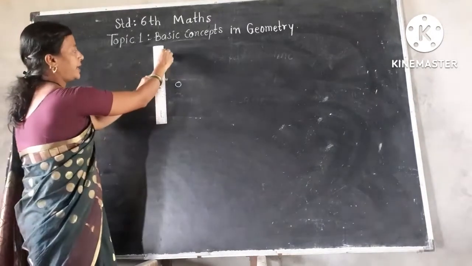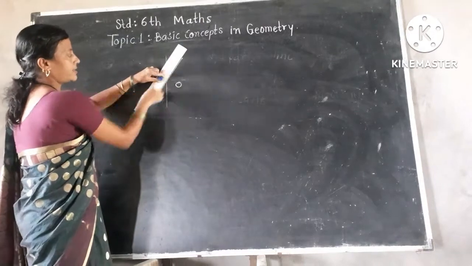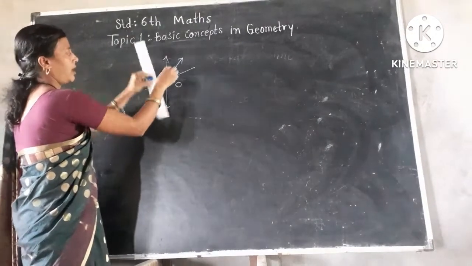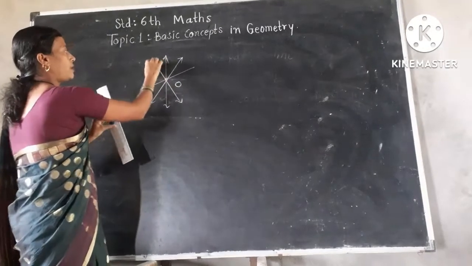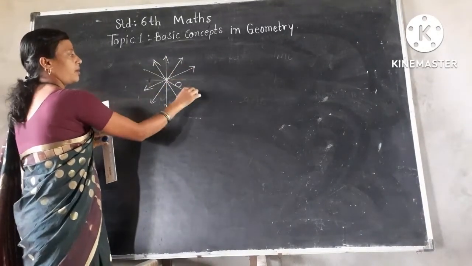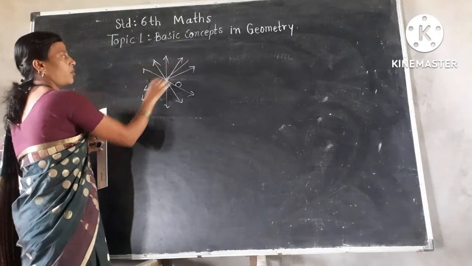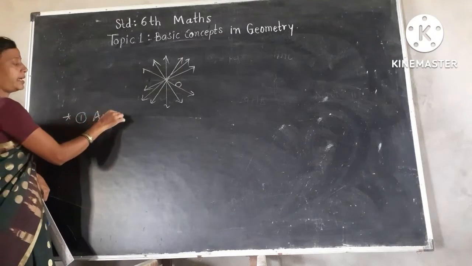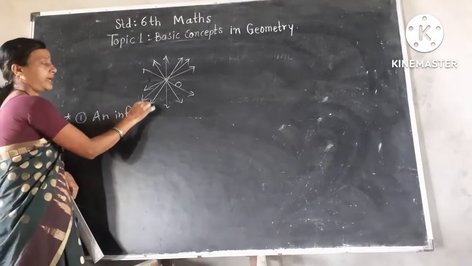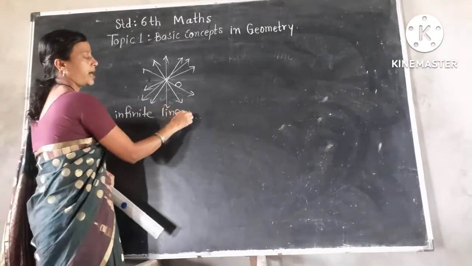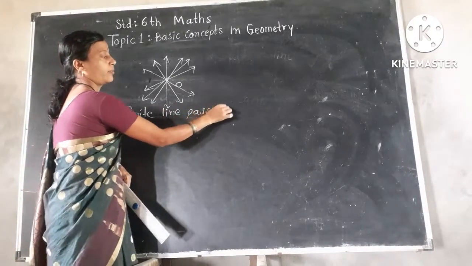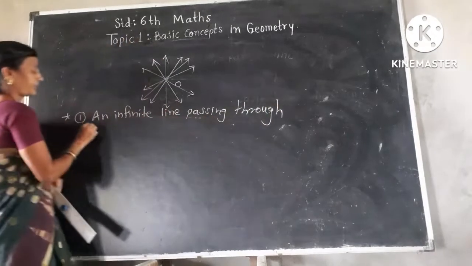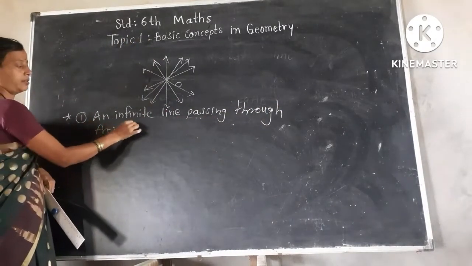See here, I can draw some lines passing through point O. I can draw many lines through this point O. So we can say that infinite lines pass through one point.